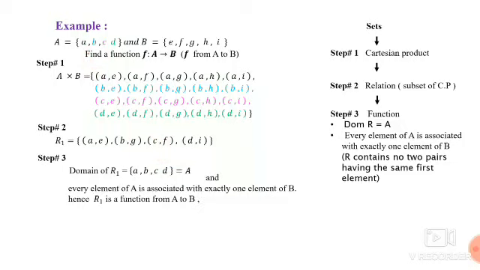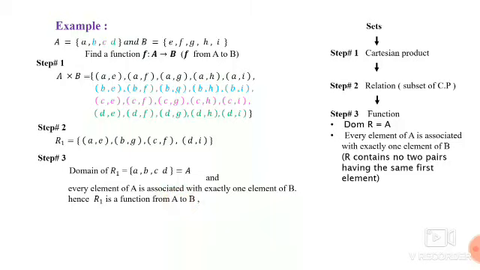Now check the second condition. Every element of A is associated with exactly one element of B, or we can say that a relation contains no two pairs having the same first element. Here we have A as a first element, here B, here C, here D. We do not have any pair which has the same first element.